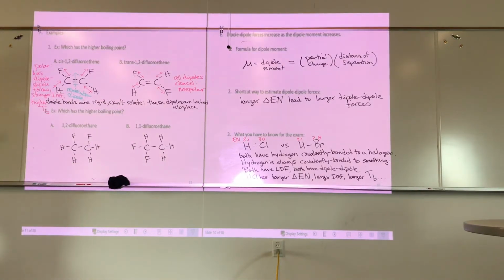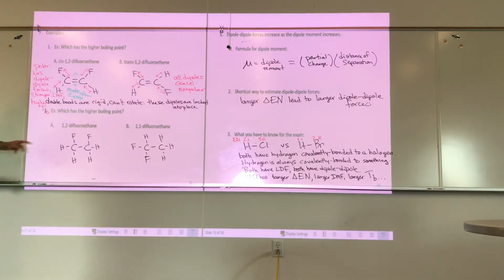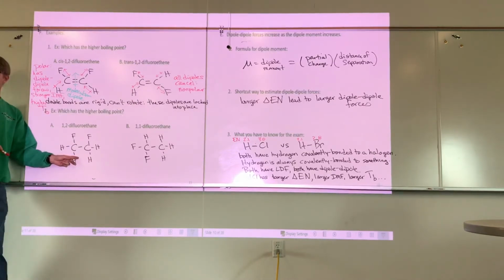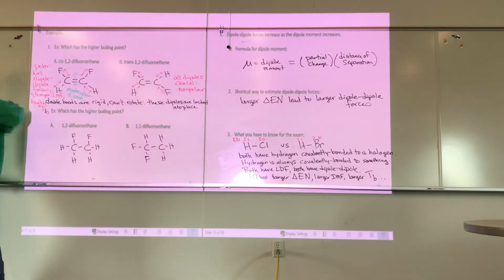All right. One of these is polar, one of these is nonpolar. Let's do the analysis. I'll guide you through it. So, a single bond can rotate. So, when I've drawn these two fluorines as up, those fluorines can rotate.